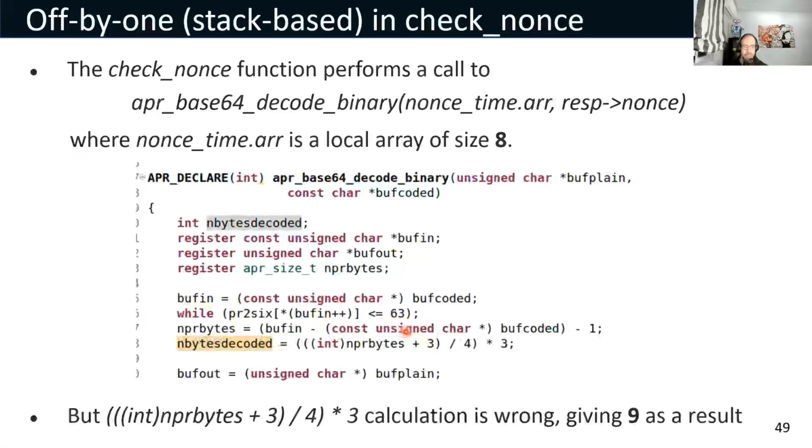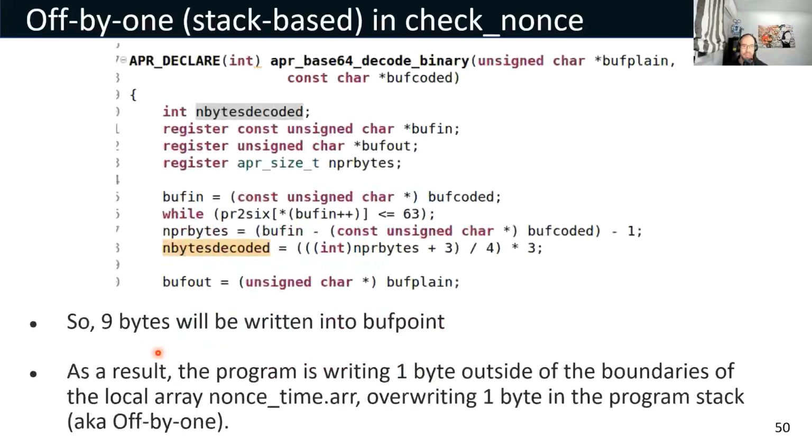But here below, you can see that the calculation of the n bytes decode variable is grown, giving 9 as a result. So in this case, 9 bytes will be written into an 8-byte buffer, writing 1 byte out of the boundaries of the array in the stack.